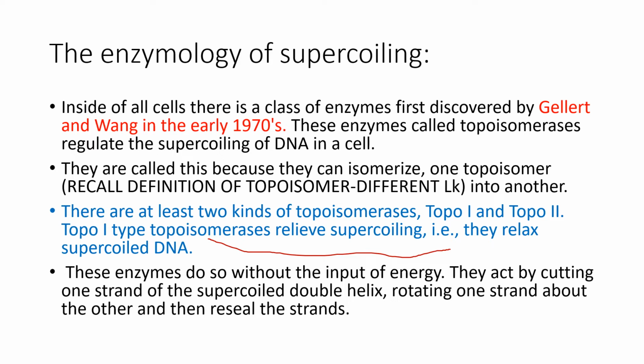And these enzymes, topoisomerase I, work without the input of energy. They act by cutting one strand of the supercoiled DNA helix, rotating one strand about the other, and then releasing the strands. Suppose this is the supercoiling of the circular DNA, it is like this. When unwinding occurs, it will cut from here, these two joints, and it will be released.